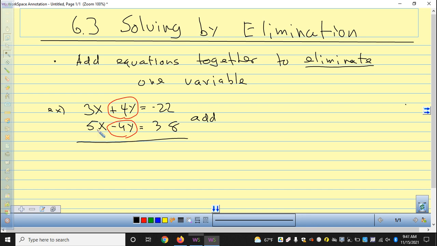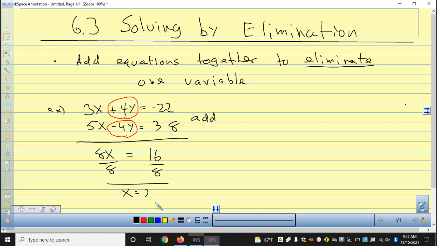So 3x plus 5x is 8x, plus 4y minus 4y is 0, and negative 22 plus 38 is 16. So I added those two equations together. Now I can divide by 8, and I get x equals 2. So I've already found x.